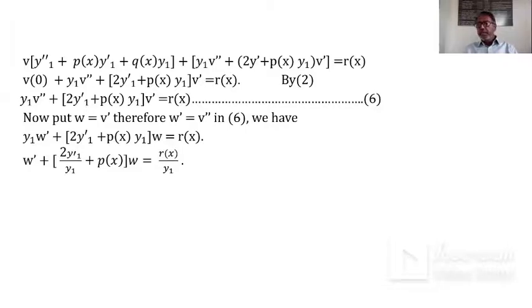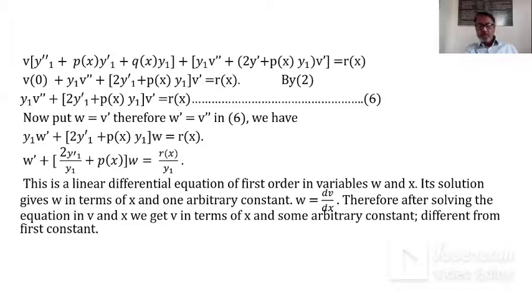Then we obtain the relation between x, y, and the two arbitrary constants. And this relation is the general solution of the given non-homogeneous linear differential equation of second order. And this method is called the method of reduction of order.